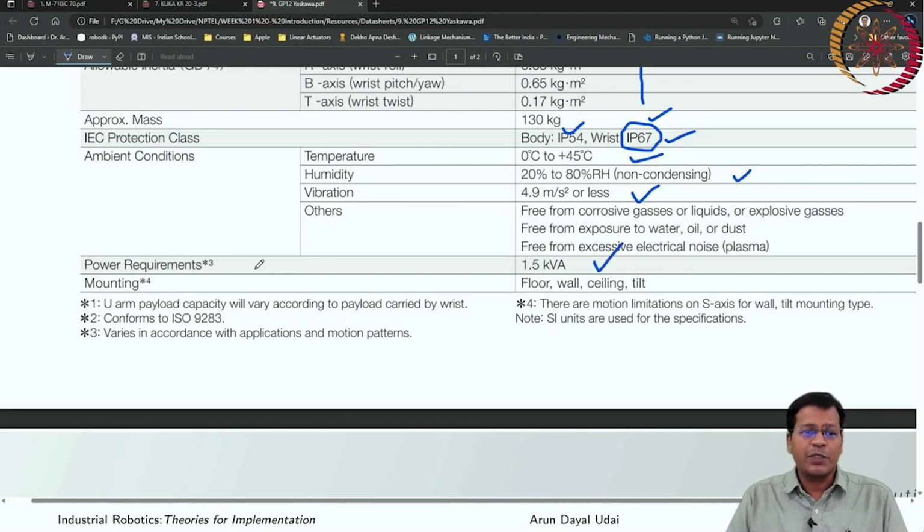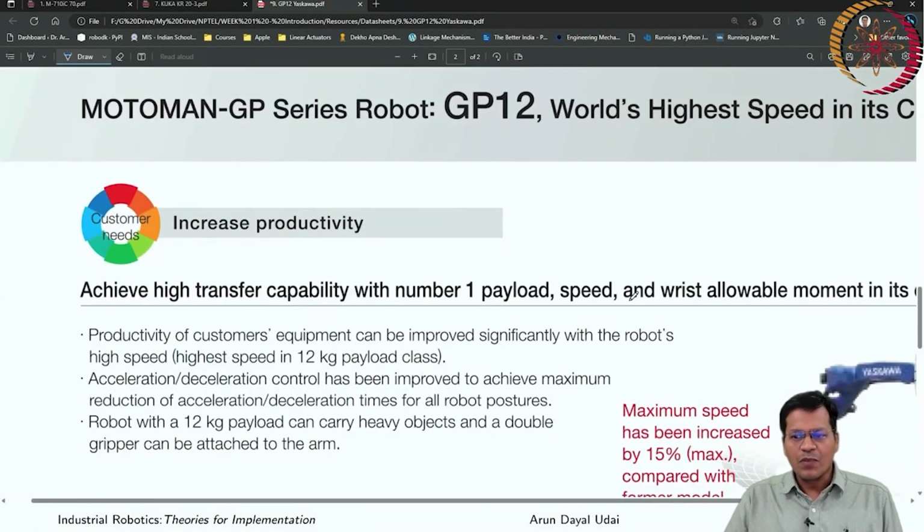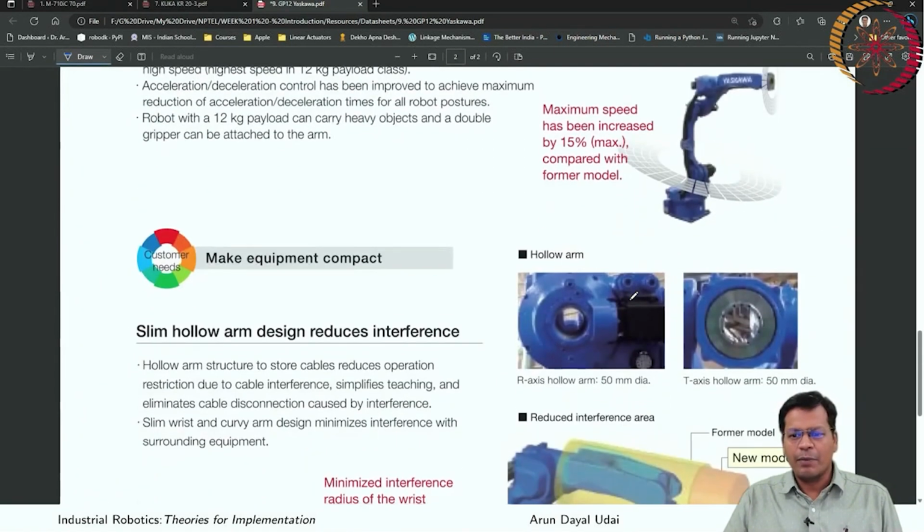It requires at least this much power. Electrical load rating is given, so that if you plug into a plug point, it should be capable of carrying at least this much load. It can be mounted on the floor, wall, ceiling, and it can even be tilted. So these are some of the parameters.